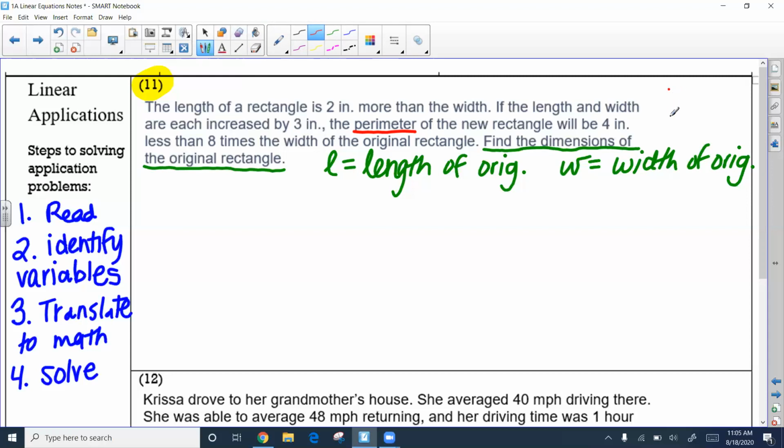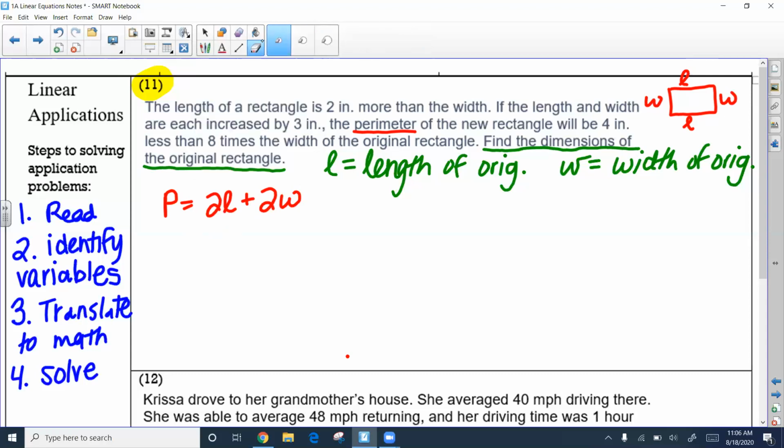I'm sure you remember perimeter means we're adding the side lengths. So I'm adding L plus W plus L plus W, or in other words, 2L plus 2W. So perimeter equals 2L plus 2W. This is just a basic formula we already know, but we can use it to help us write our equation.